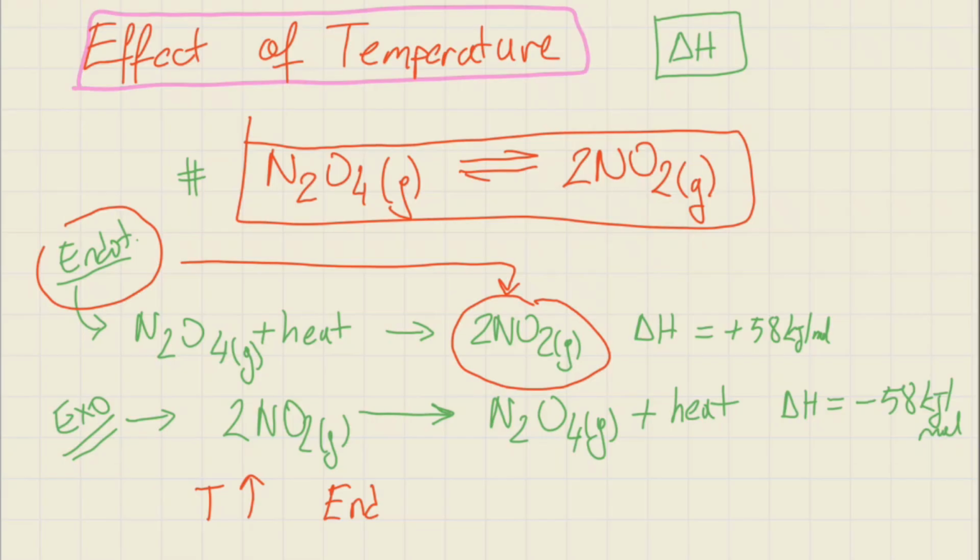So the reaction goes to the right if we increase the temperature. And the opposite is true. If we decrease the temperature, then the exothermic reaction, N2O4 formation, will be favored. The reaction goes in the exothermic direction, and N2O4 will be produced more if we drop the temperature.